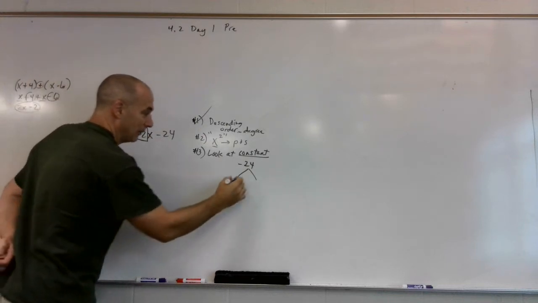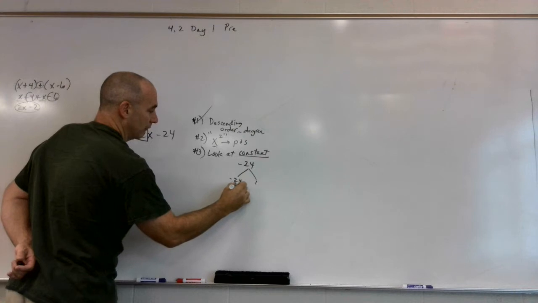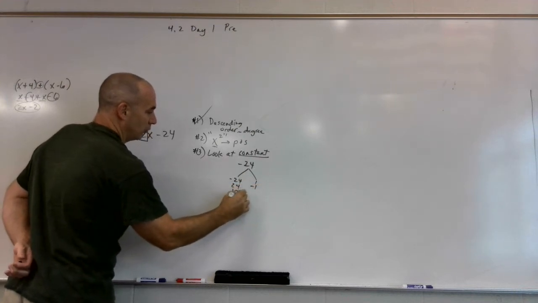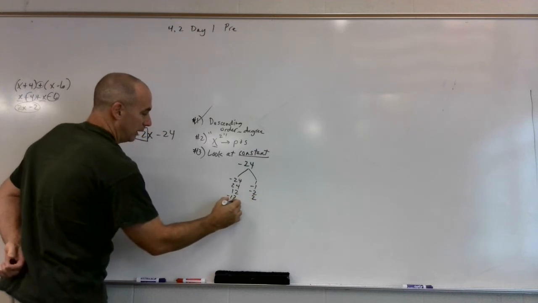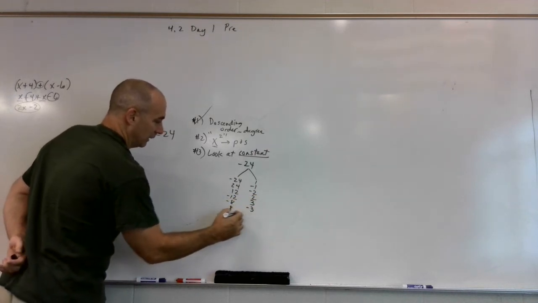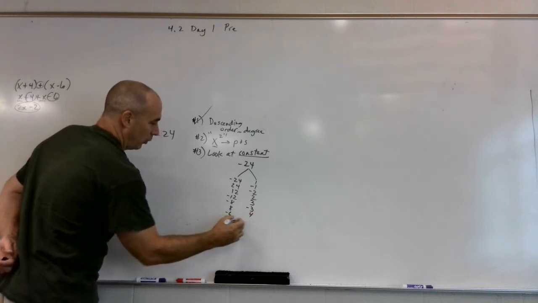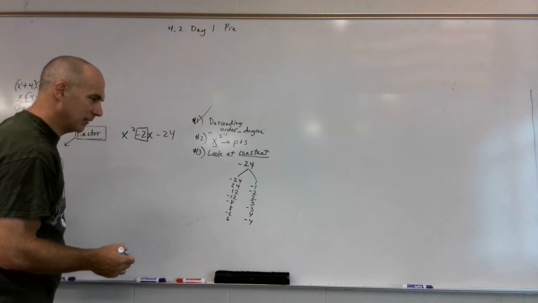So I'm going to just list them all. Negative 24 and 1. 24 and negative 1. 12 and negative 2, negative 12 and 2, negative 8 and 3, 8 and negative 3, negative 6 and 4, 6 and negative 4. Is that it?